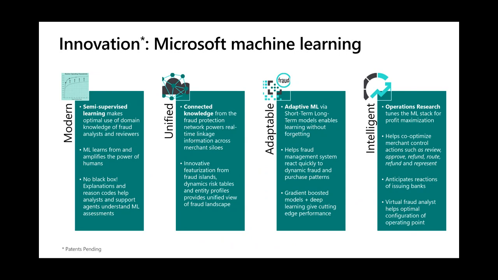But here in fraud protection, we have a semi-supervised machine learning algorithm as we leverage inherent knowledge a merchant's fraud team may have to optimize the system for their business. Ultimately, a merchant knows their business better than anybody. So we wanted to utilize their knowledge to tune the system and protect them.